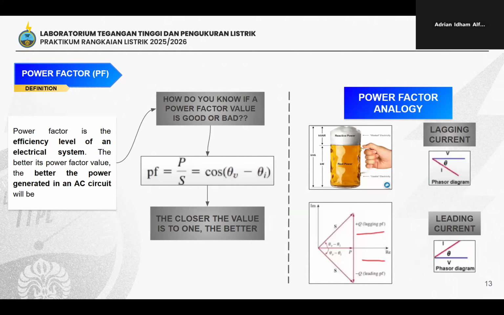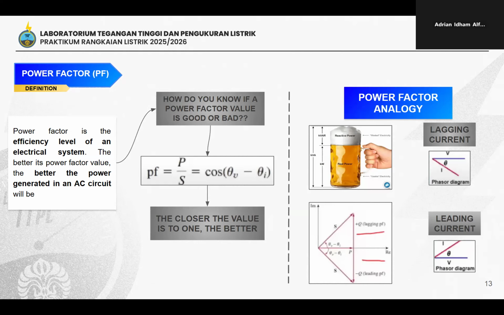Before that, I will explain the definition of power factor. Power factor is the efficiency level of an electrical system. The better the power factor value, the better the power generated in a circuit will be. And how do you know if a power factor value is good or bad?